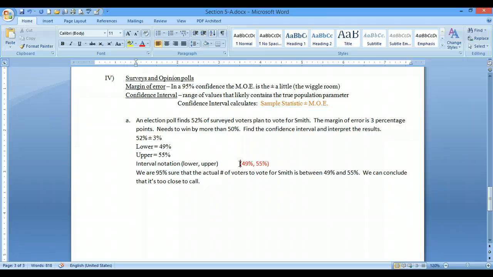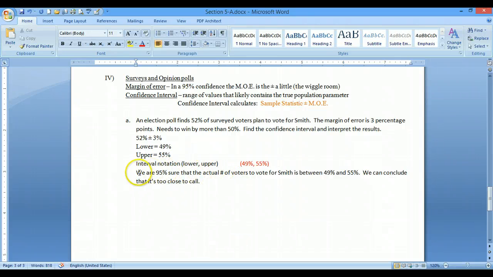That's really close. In fact, two of the percentages are that he won't win, 49 and 50%. And the true population needs to be within here because our sample was only a poll. That means it's really too close to say if he's going to win or not.